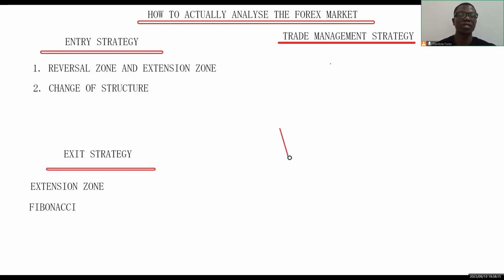If price is moving like this on bearish structures, and I'm buying right here at the break of the lower high, I know that I could buy to the 61.8 of the Fibonacci, or I could buy to the 100.0 of the Fibonacci. So the Fibonacci is a very important exit criteria for me.